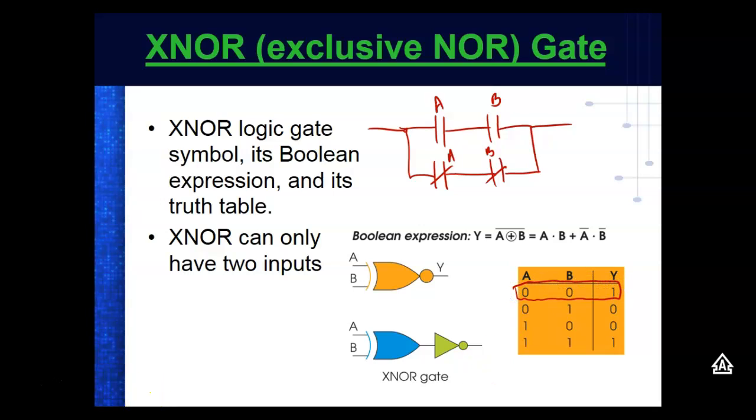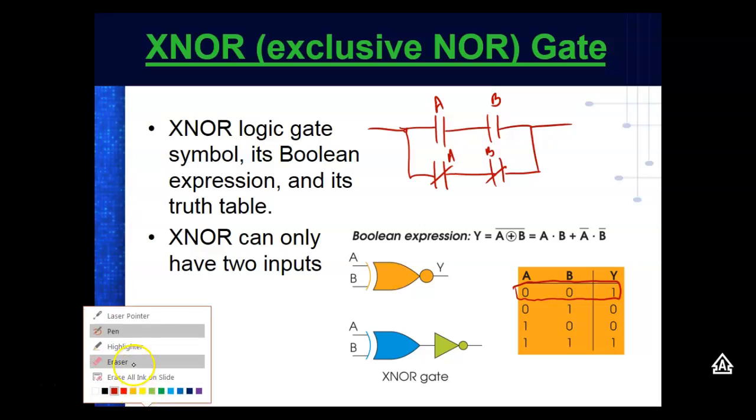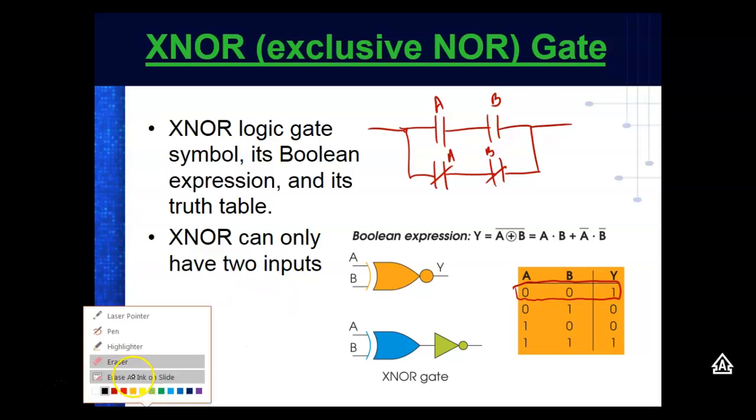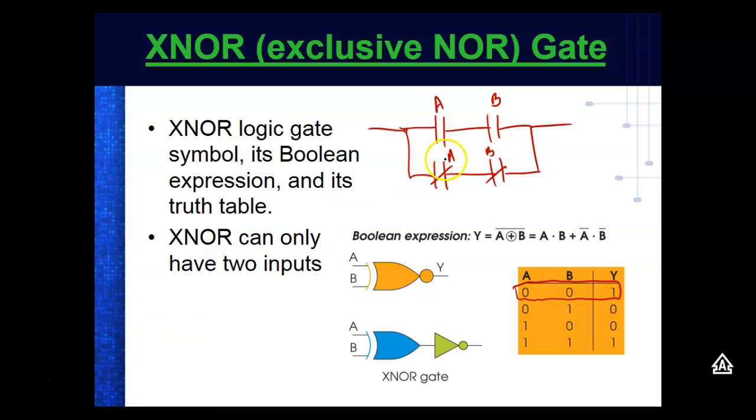I come over here and I press A. So if I press A, this contact right here would open. This contact right here would close. So I still don't have a path. You'll see that? So the output would be a 0.